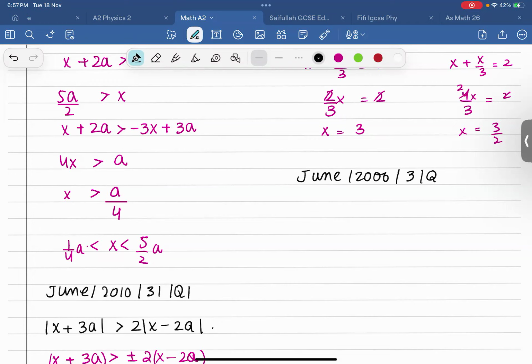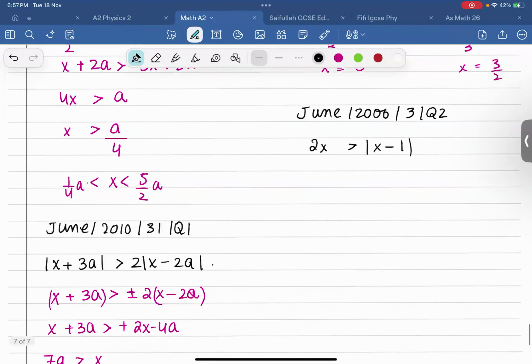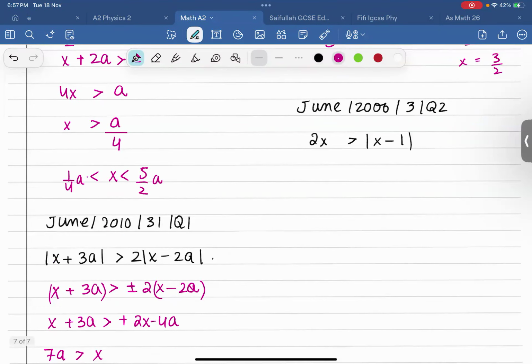Fine. So the question says 2x is greater than x minus 1. Okay. Now, please try to solve it.